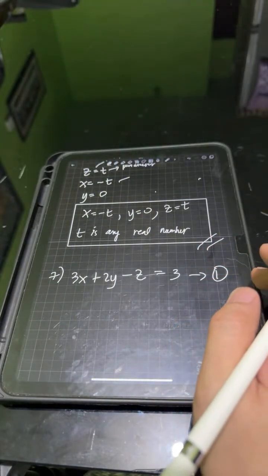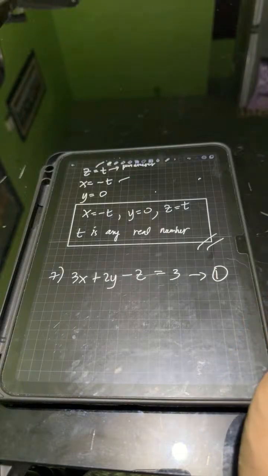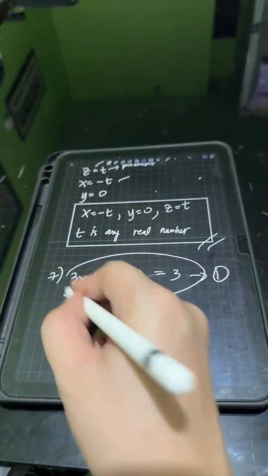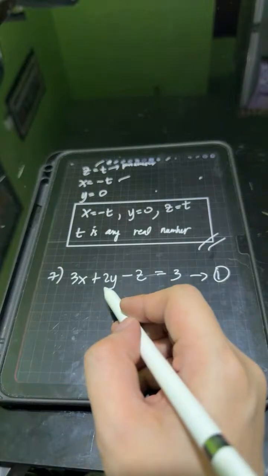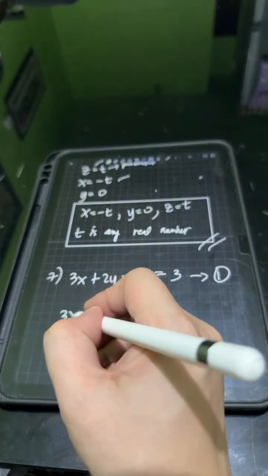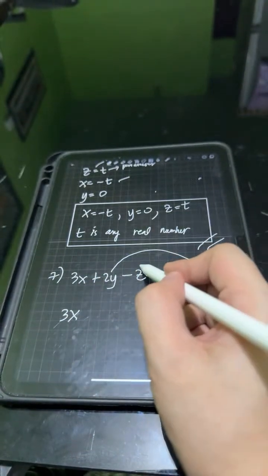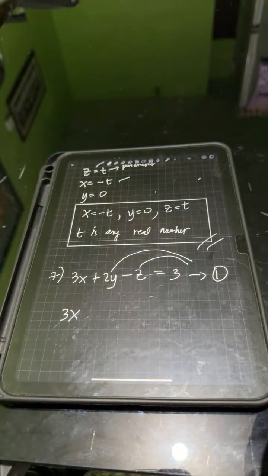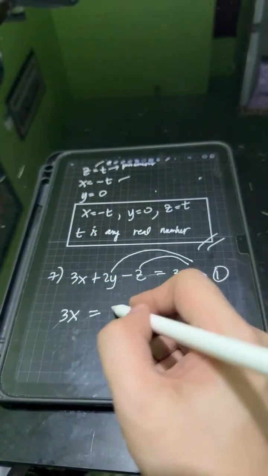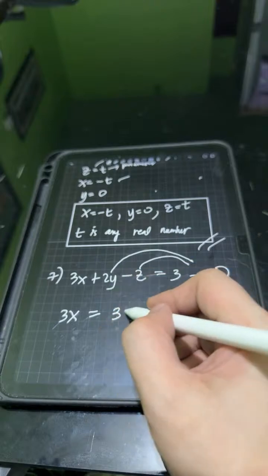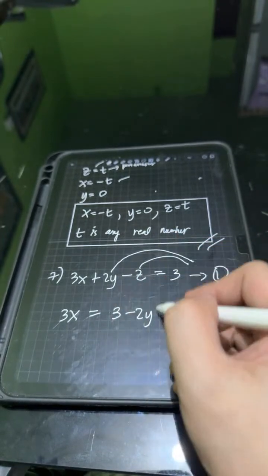So what we can do is, let's try to solve for x here in terms of the other two variables, y and z. So transpose this 2y and negative z to the right. We have 3x is equal to 3 minus 2y plus z.